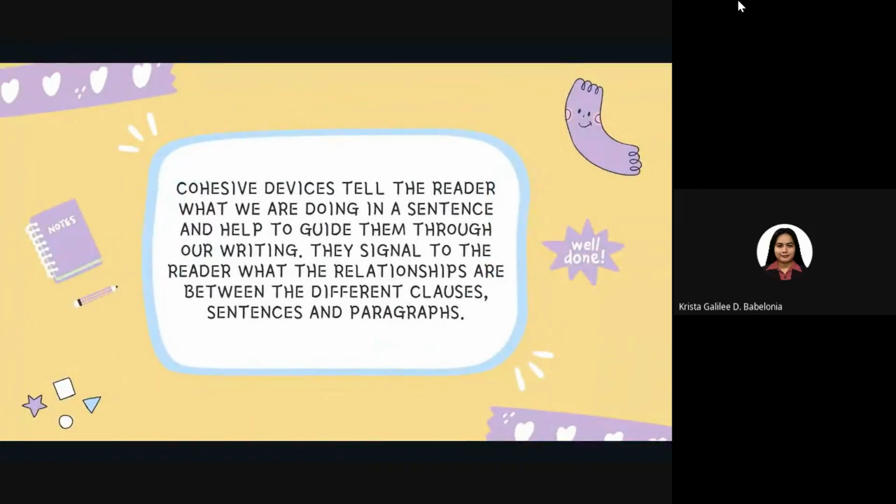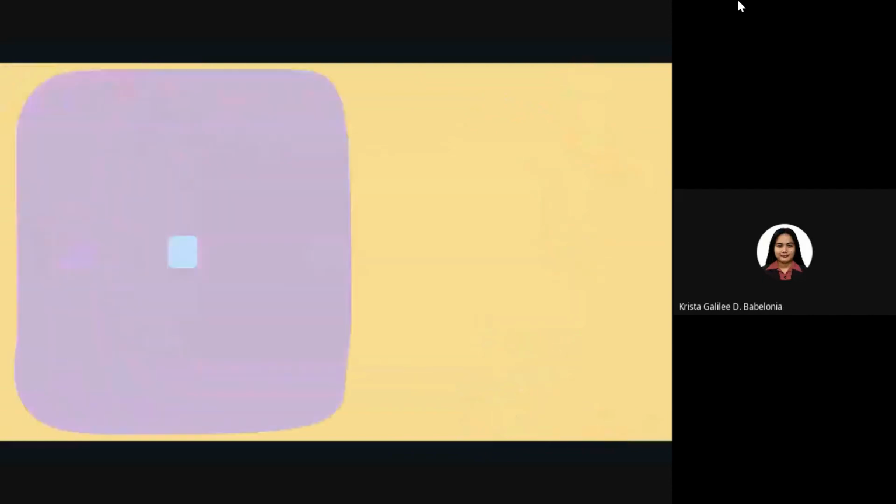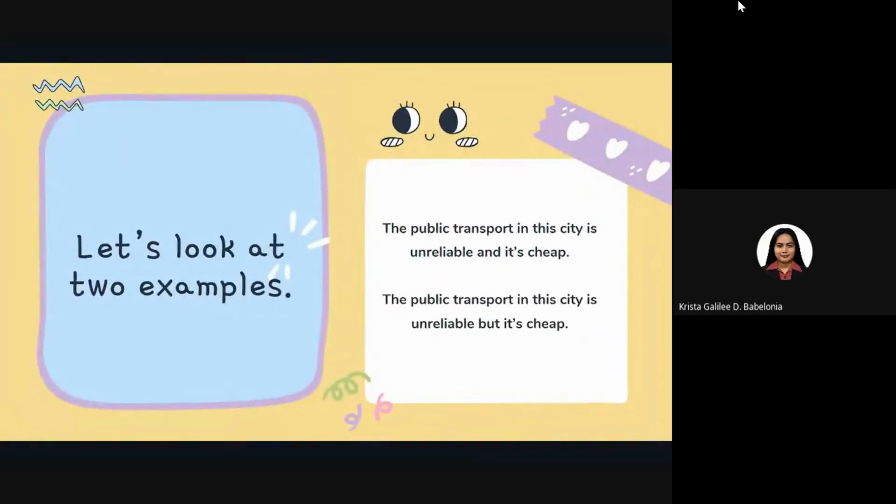Cohesive devices tell the reader what we are doing in a sentence and help to guide them through our writing. They signal to the reader what the relationships are between the different clauses, sentences, and paragraphs. Now let's take a look at the examples on the screen.